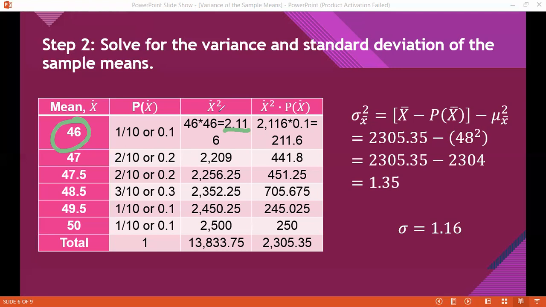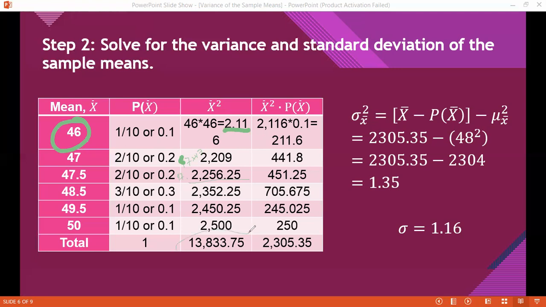You have 47 times 47 equals 2,209. 47.5 times 47.5. This is the answer. And then so on. You get the total.